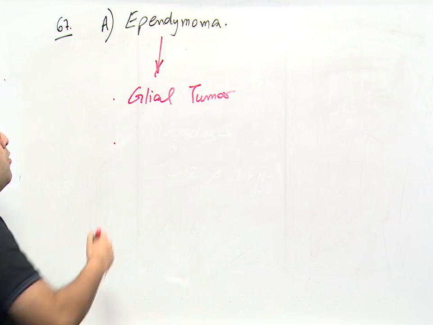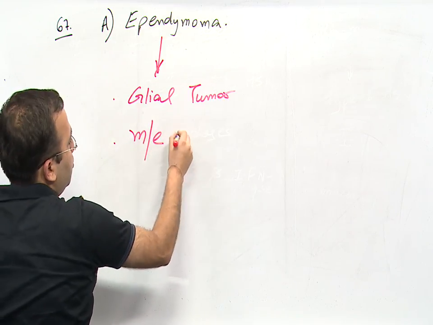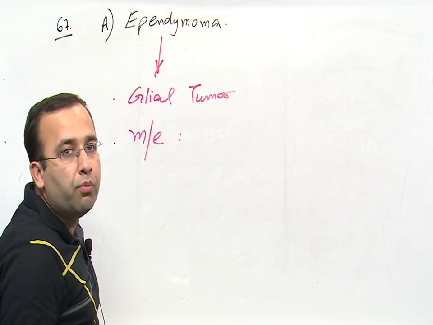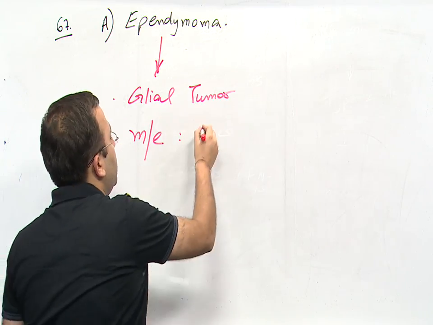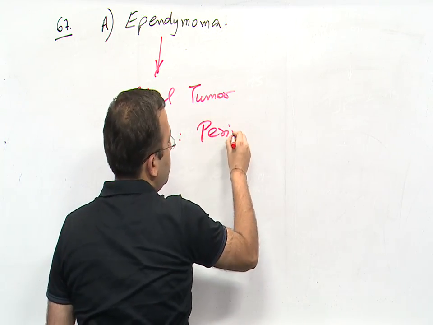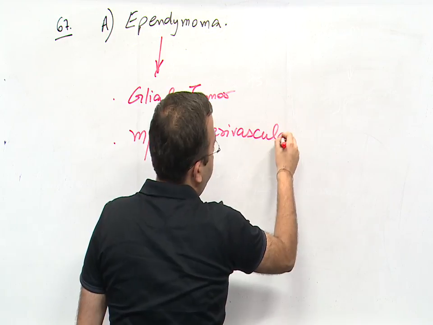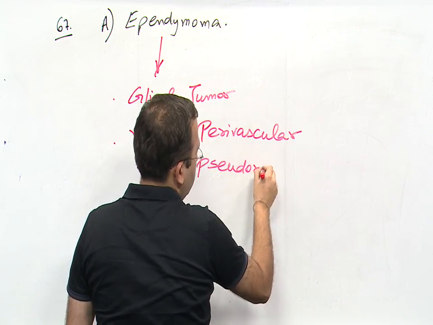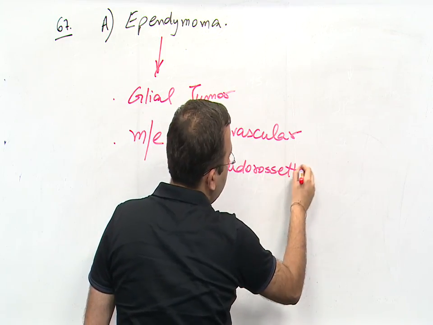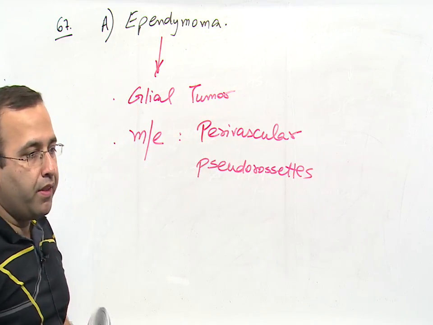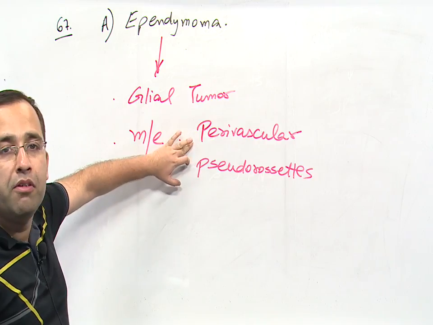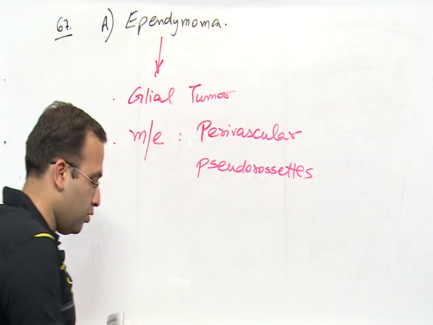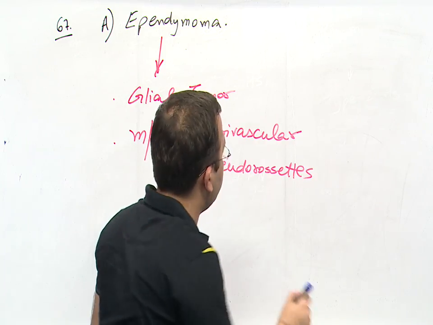Next point, another question that is asked about ependymoma is its microscopy. Microscopically, ependymoma shows the presence of perivascular pseudorosettes. This is asked. What do I mean by this?